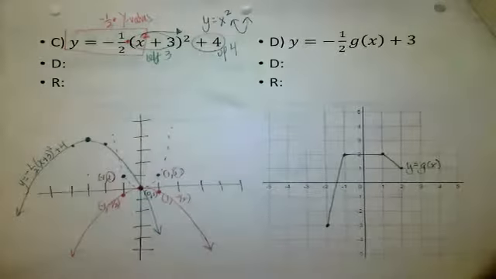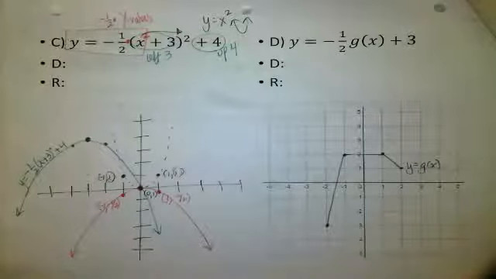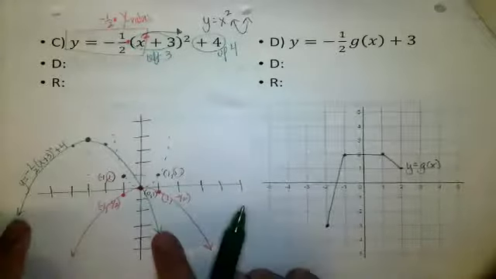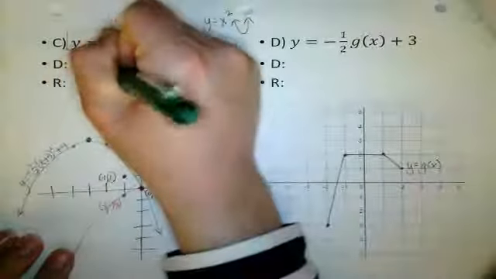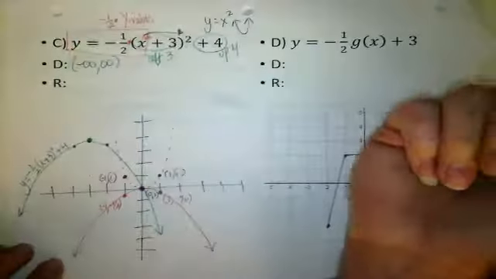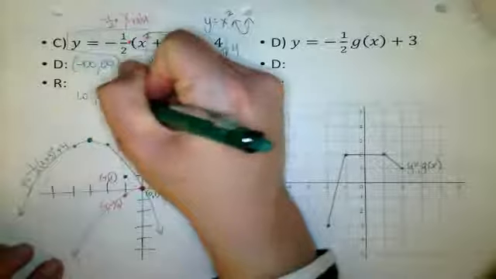So looking at that green graph, what's the domain? How far left and how far right does it go? These arrows go down and out, so forever. Negative to positive infinity. The range, how low does it go and how high does it go?